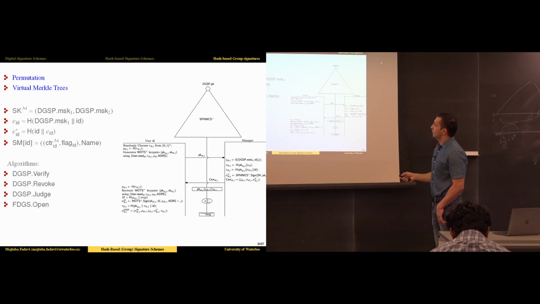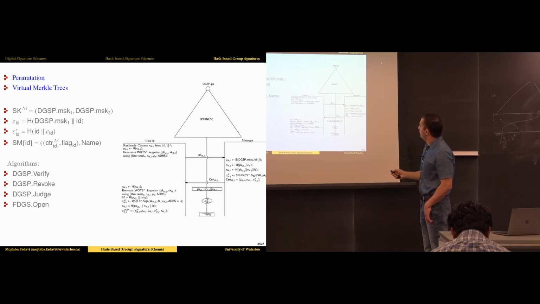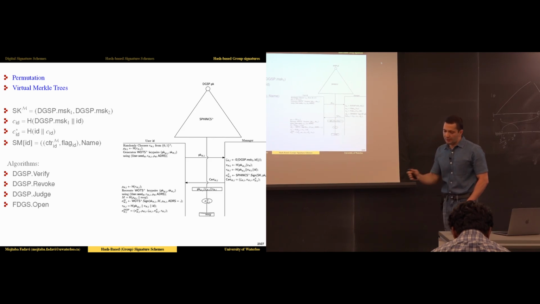To revoke a user, we have a value here, counter. Each user has a counter. This counter shows how many signatures you have received up to now.